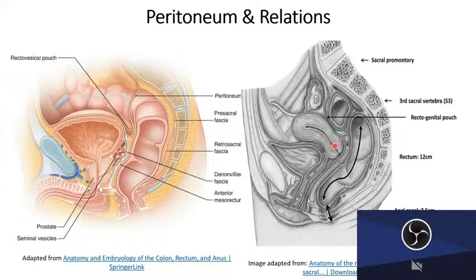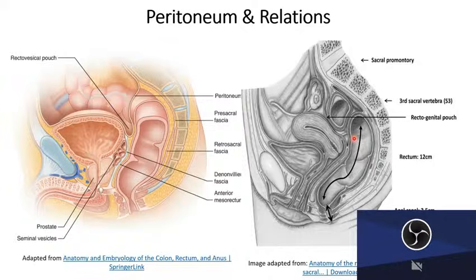Here we have the uterus, and then the bladder in front of the uterus. So the anterior relation of the rectum is the uterus, the upper part of the vagina, as you can see here, and the cervix.